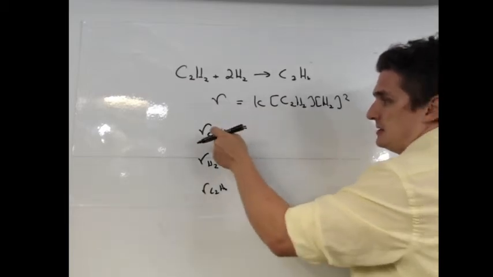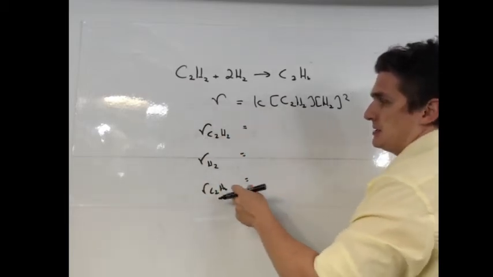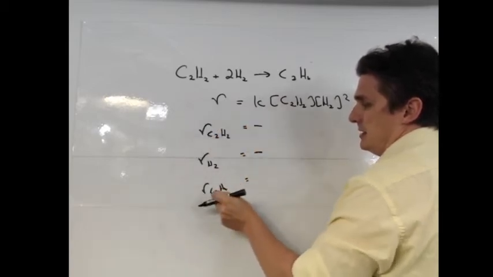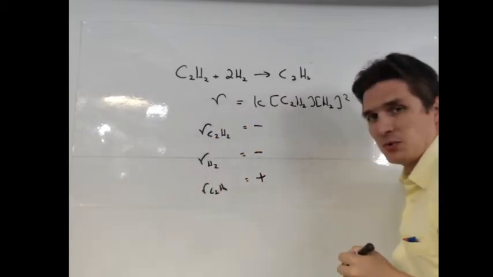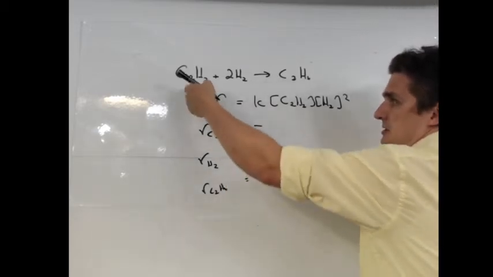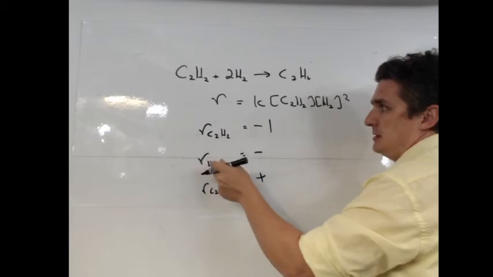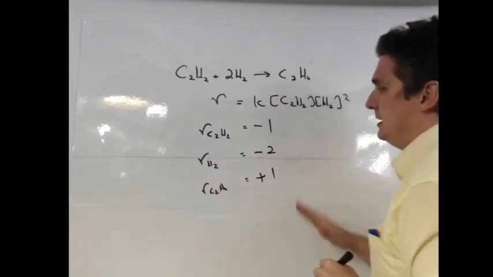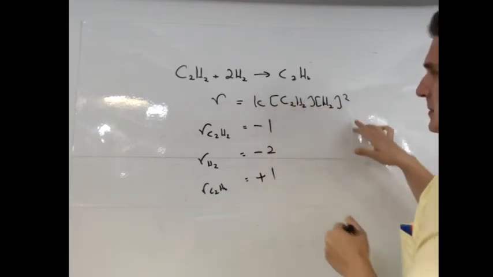Now, to figure out C2H2, H2, and C2H6, first, are they reactants? These two are, so their changes are negative. This one's positive because it is a product. Next, what are the coefficients? The C2H2 has a 1, the H2 has a 2, and the C2H6 has a 1. Everything to the right is just this parent rate law.